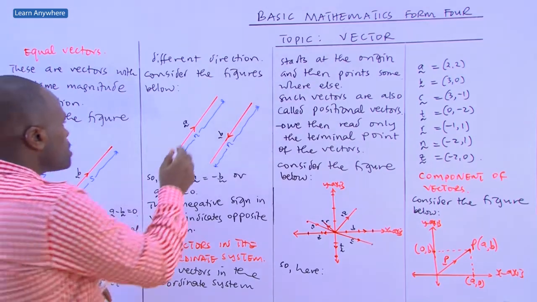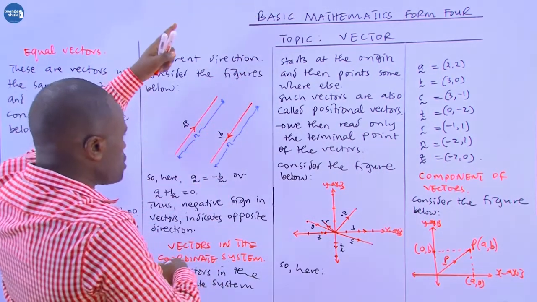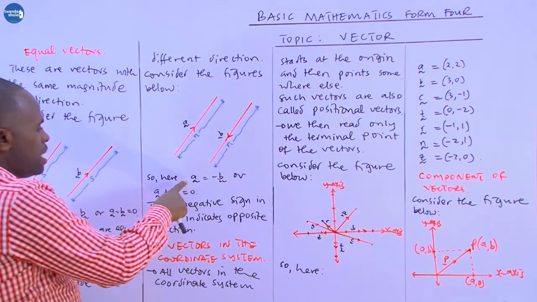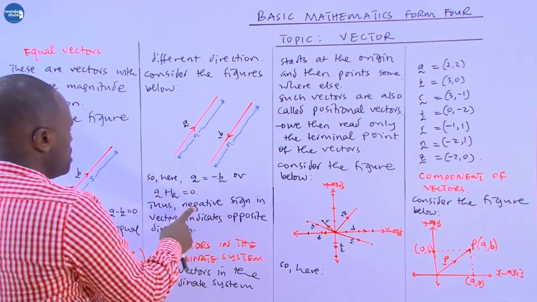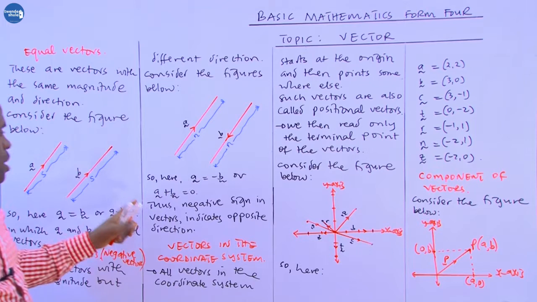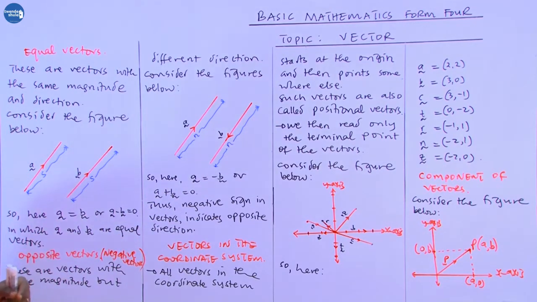So you check this vector A and B. Vector A points in this direction while B points in this direction, but both have the same magnitude. So we say vector A equals negative vector B, in which you bring B to this side and it becomes positive. So we say A plus B equals 0. In that case, the two vectors are referred to as negative vectors. So a negative sign signifies opposite direction.